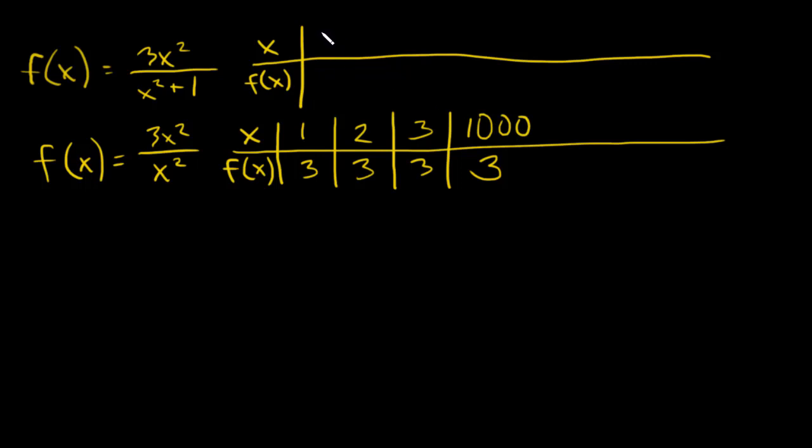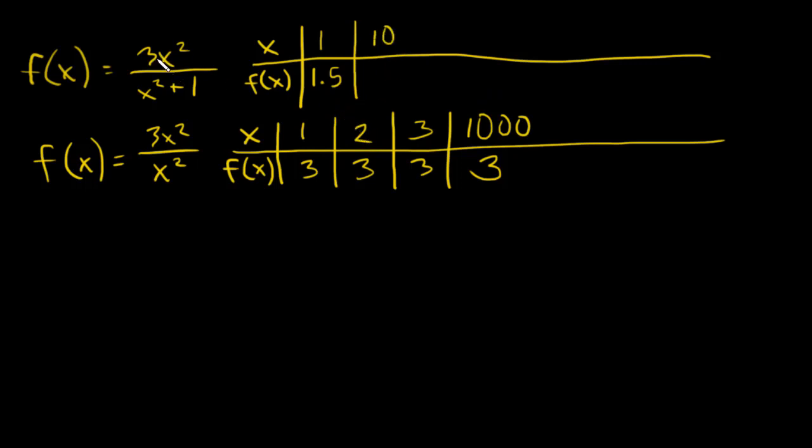Now, if I do 1 here, I get 3 times 1 over 1 plus 1. So 3 over 2, which is 1.5. Definitely not 3. Okay. Let's go out a little bit further. Let's go to 10, see what happens.